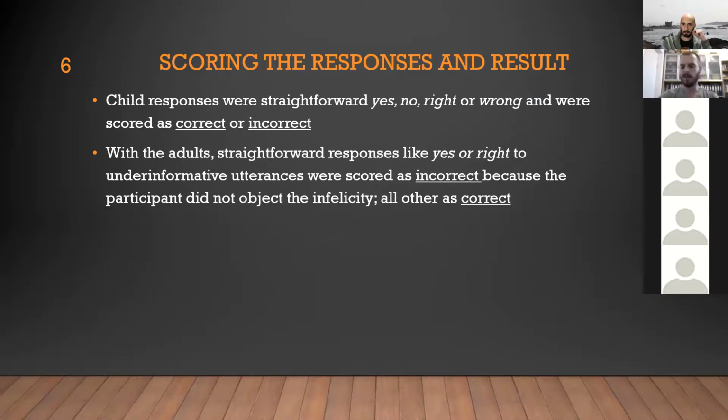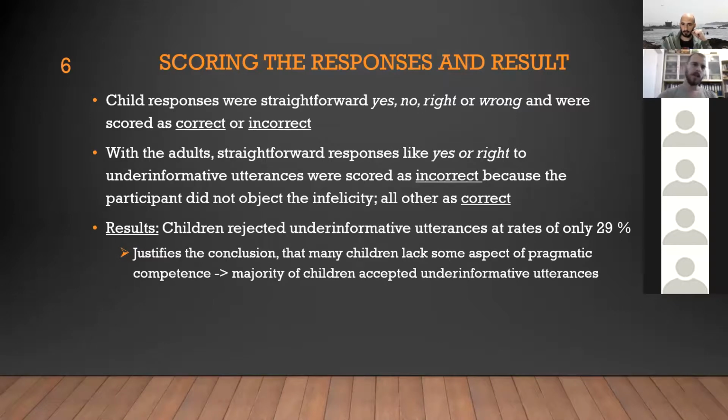So they have given indirect ones. The result for the children was that children rejected underinformative utterances at rates of only 29%. That justifies the conclusion that many children lack some aspect of pragmatic competence. So they just accept most of the underinformative utterances.